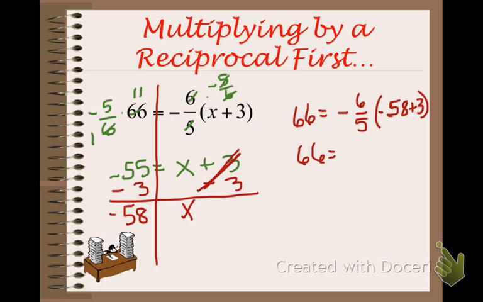So 66 equals a negative 6/5 times a negative 55. And now we can do some cross-canceling. Which equals negative 6 times negative 11 equals positive 66. And we know that we've done it right.